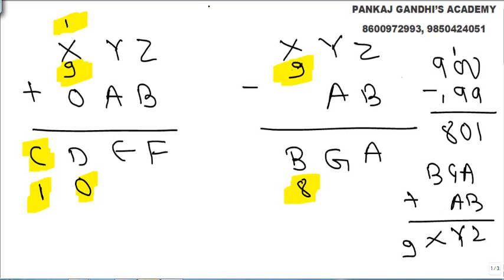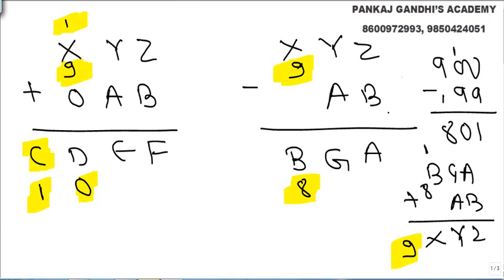X is already 9. Maximum G plus A carry forward can give is 1, so B has to be 8. Even if it's 900 minus 99, addition's maximum carry forward is 1, subtraction also for two things maximum 1.